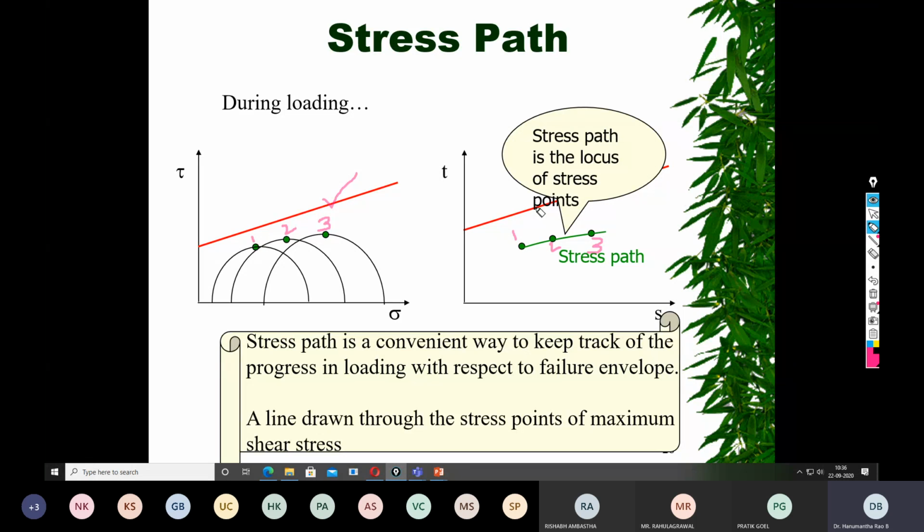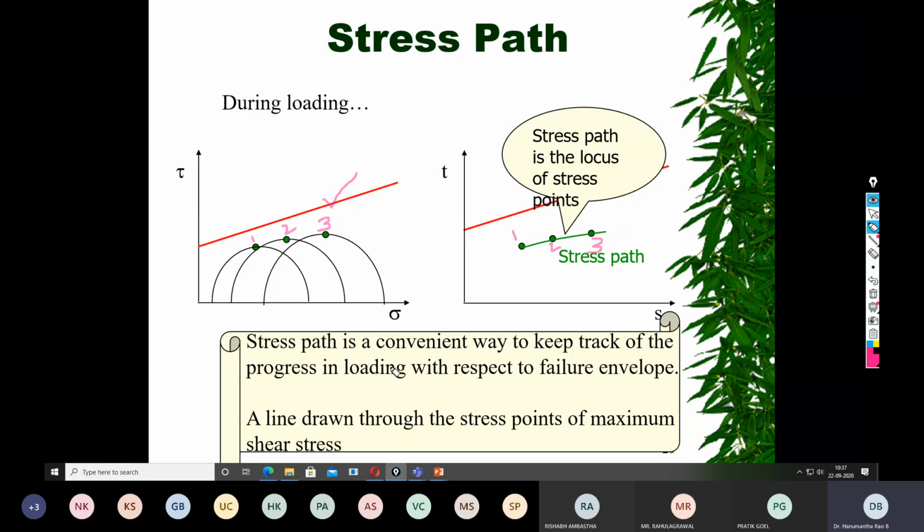We should also be aware, when we are increasing the load, whether we are moving away from the Mohr-Coulomb failure envelope or towards it. That is what we understand from this stress path. And one important thing is whether we are imposing the load linearly or non-linearly. This can be understood from the stress path.